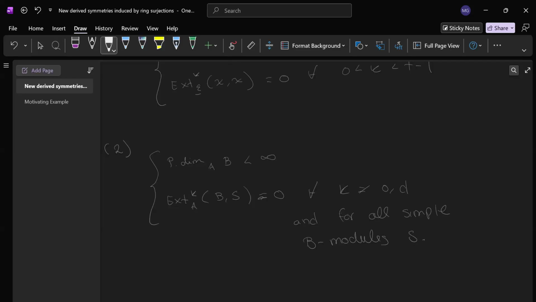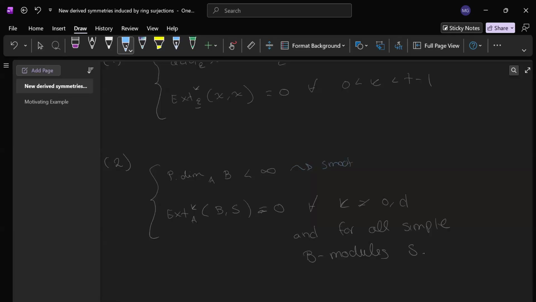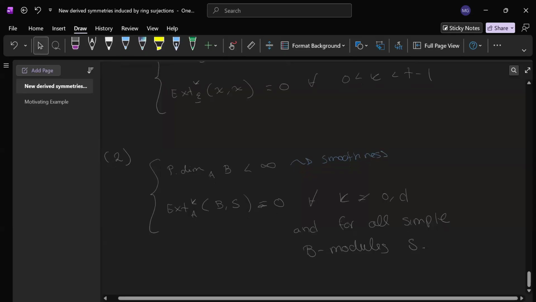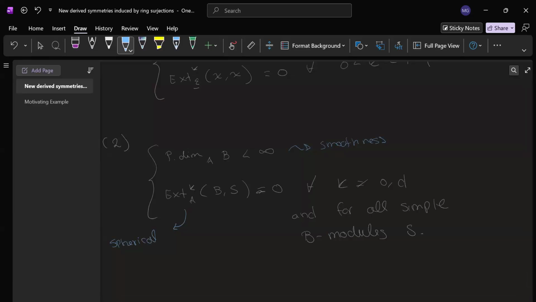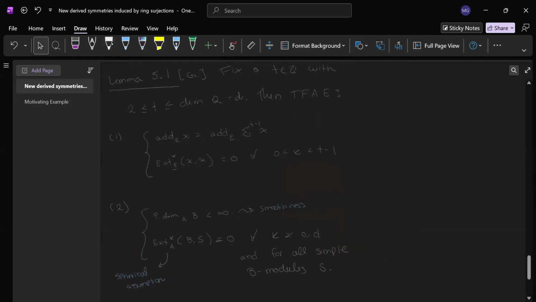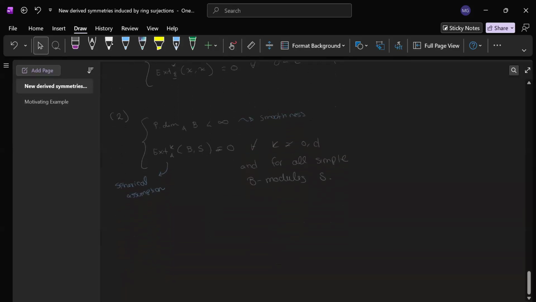Okay, so in this setting, I like to think of this assumption here as our smoothness assumption, and I like to think of this assumption here as our spherical assumption. So this lemma states that the set of assumptions in 1 is equivalent to the set of assumptions in 2.